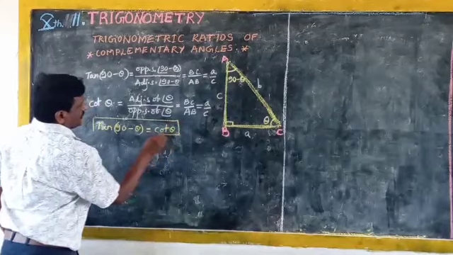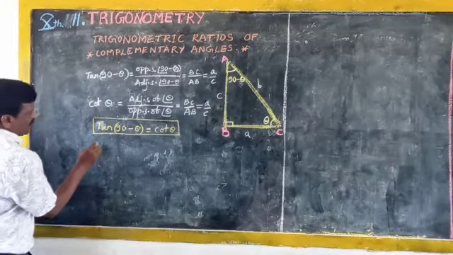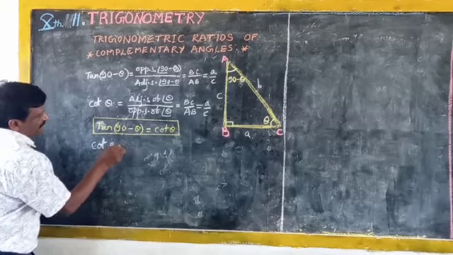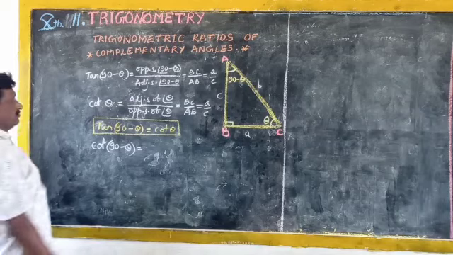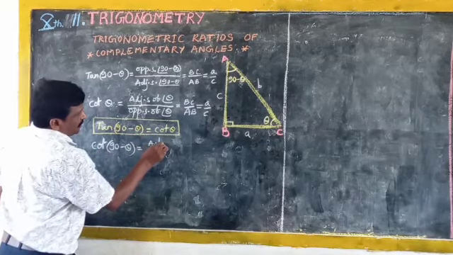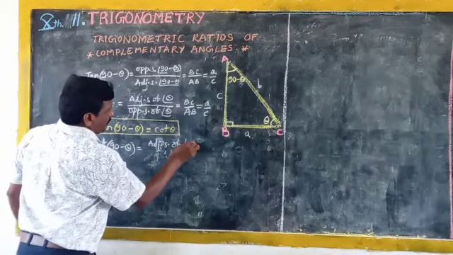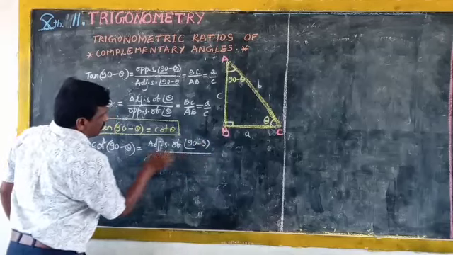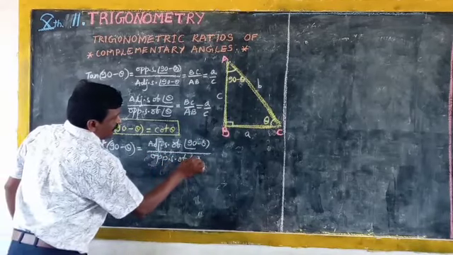As well as cot 90 minus theta is the adjacent side of angle 90 minus theta by the opposite side of angle 90 minus theta.